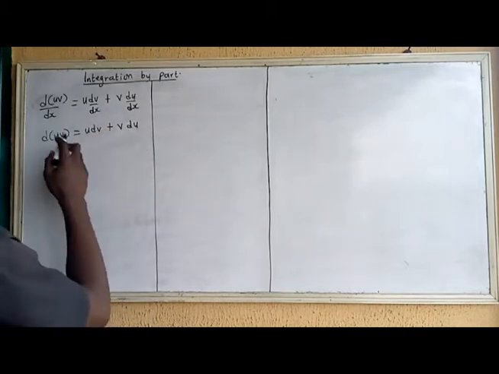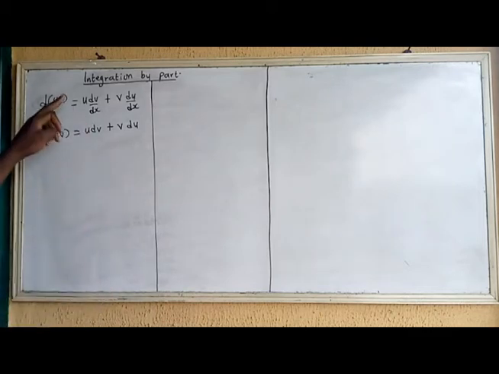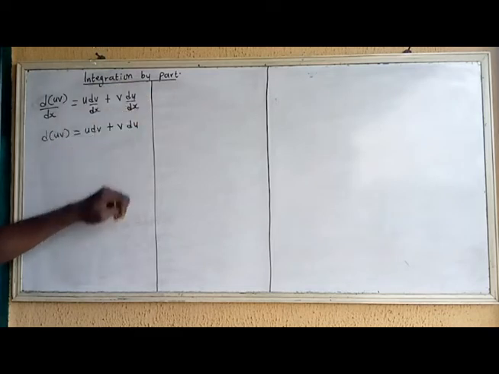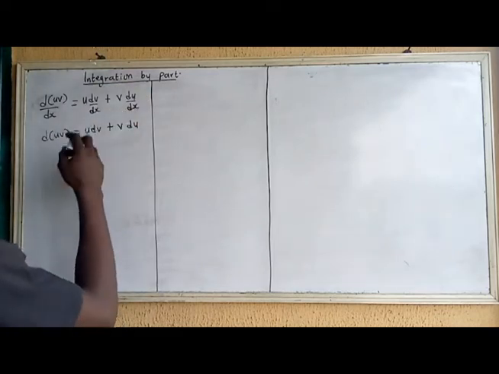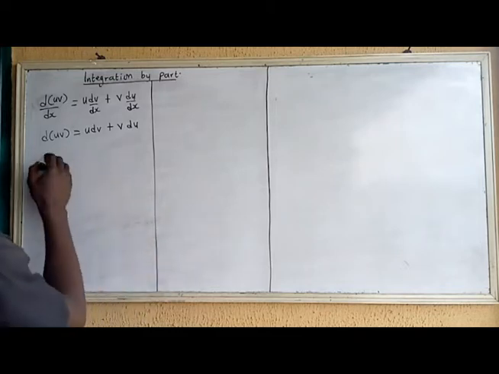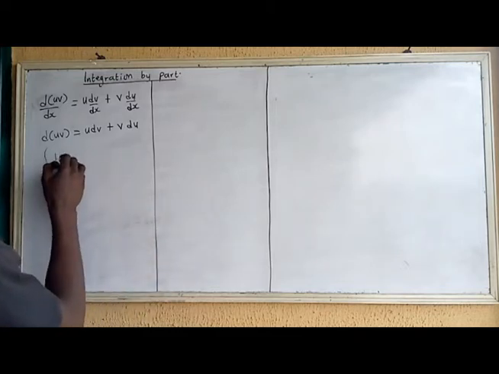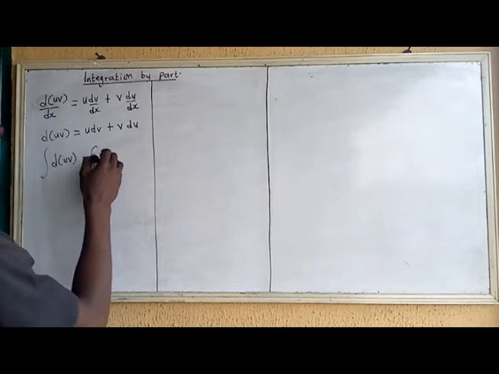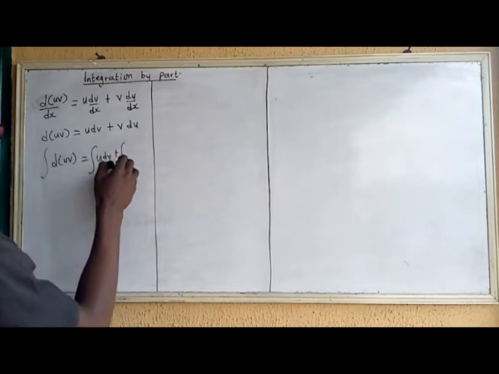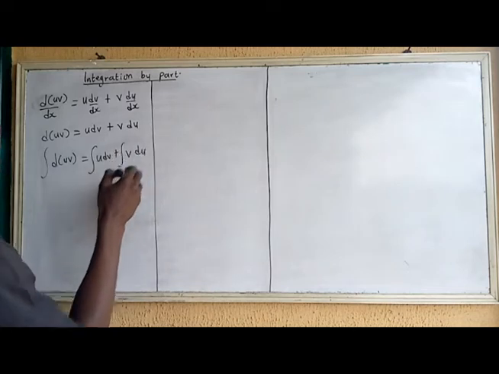When we multiply by dx, the dx's cancel out. To remove the d's, we introduce an integral sign. So we have the integral of d(uv) equals the integral of u dv plus the integral of v du.